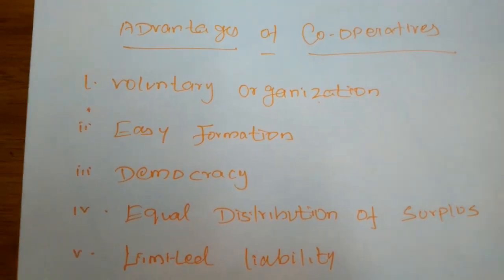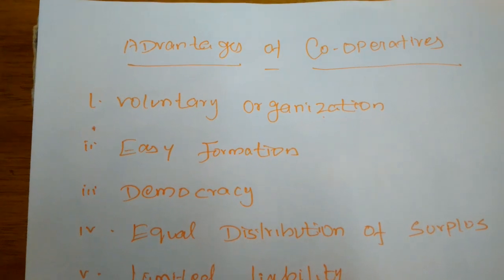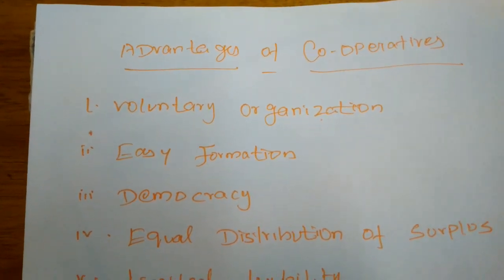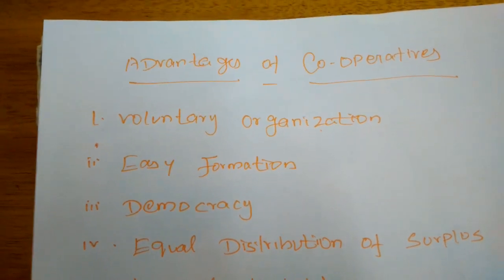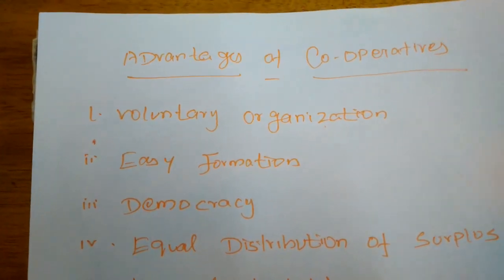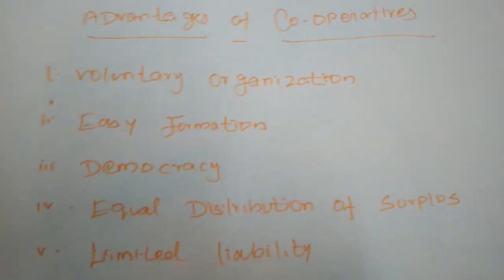The membership fee is kept low so that everyone can join and benefit from the cooperative societies. At the same time, any member who wants to leave the society is free to do so. There are no entry or exit barriers in this cooperative organization.